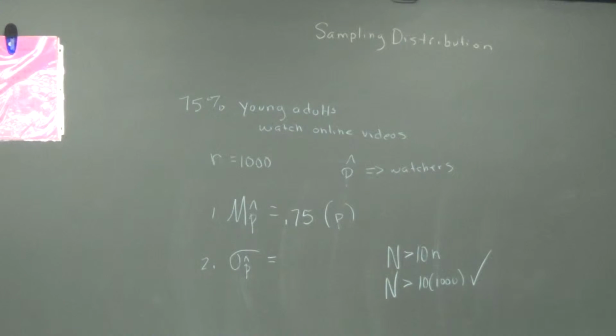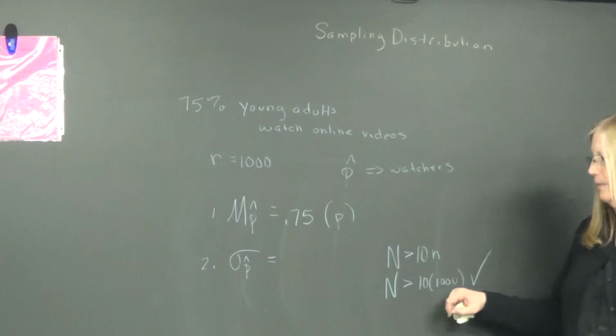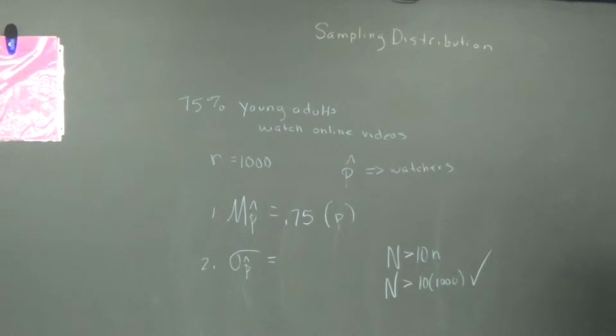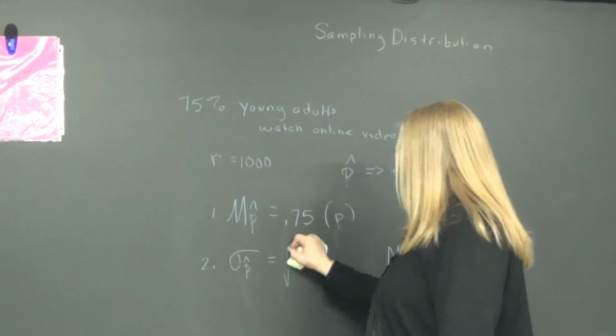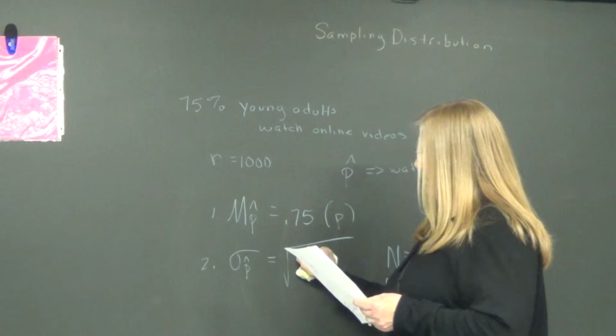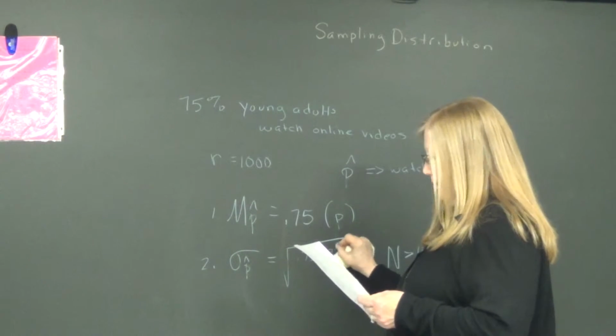Bailey, help me with the standard deviation. Now that I have checked off the requirements, you use the equation: the square root of 0.75 times 0.25 divided by 1,000.